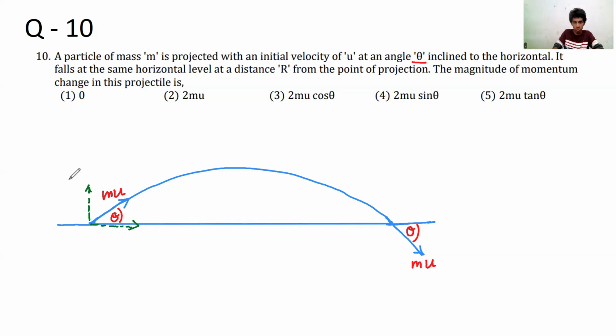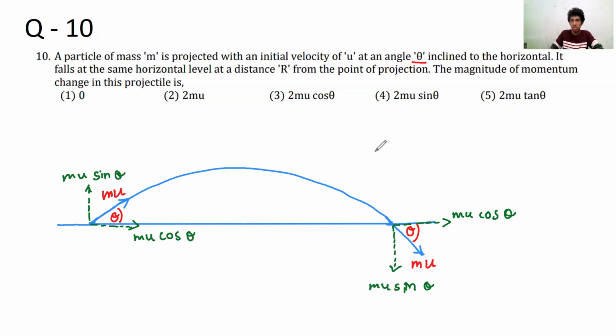Therefore, the horizontal component will be mu cos theta, and the vertical component is mu sin theta. Similarly, when we separate the final momentum into horizontal and vertical components, the horizontal component will be mu cos theta, and the vertical component will be mu sin theta.